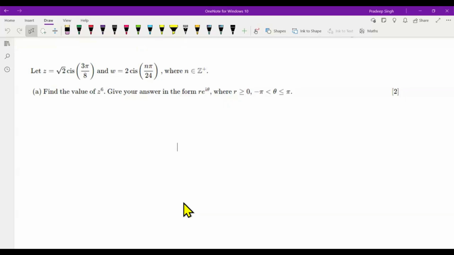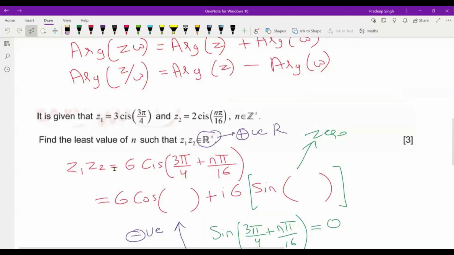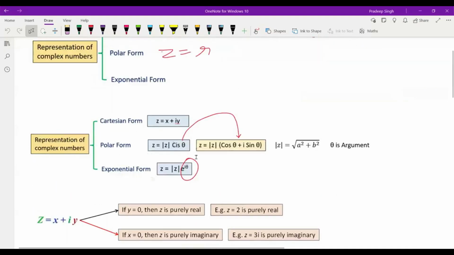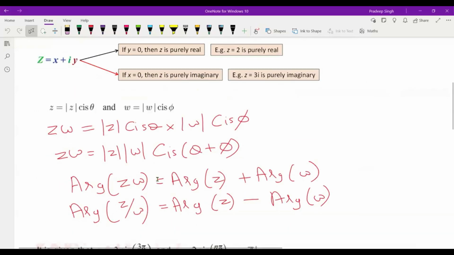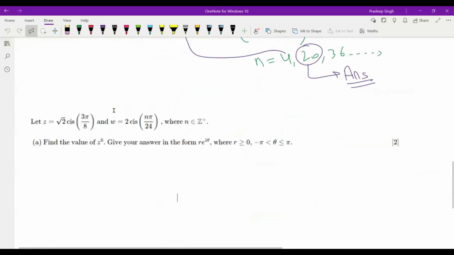So, Laksha, any trick what to do? I can't hear you, Laksha. Speak again. No, sir. I'm still trying to figure it out. It's easy only. So, you remember the three forms, right? So, currently, which form is this? The polar form.